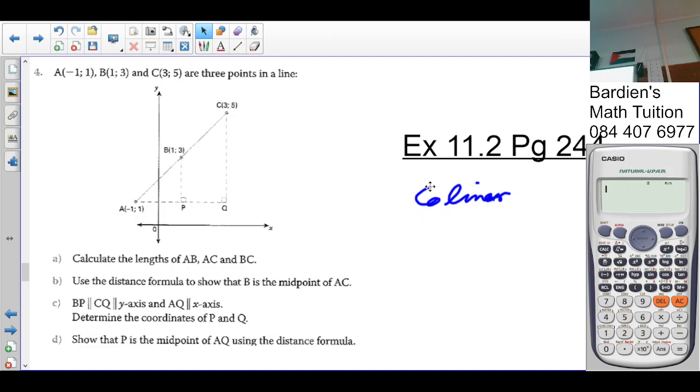Okay. The question says calculate the length of AB, AC and BC. What did you guys get for AB? Didn't I ask you to do this one?